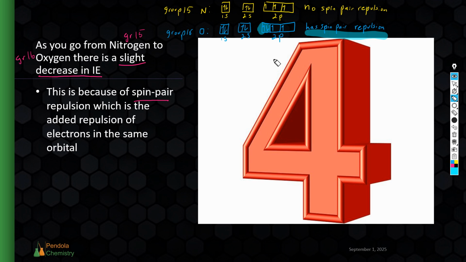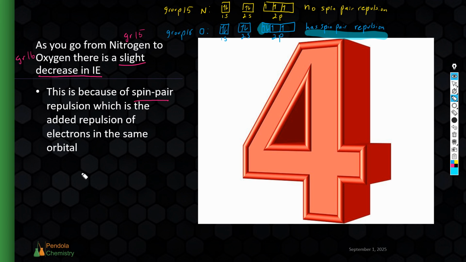But because of spin pair repulsion causing more repulsion, extra repulsion, added repulsion between the electrons, that electron becomes easier to remove. More repulsion means less attraction for the nucleus, and that means easier to remove, meaning lower ionization energy.